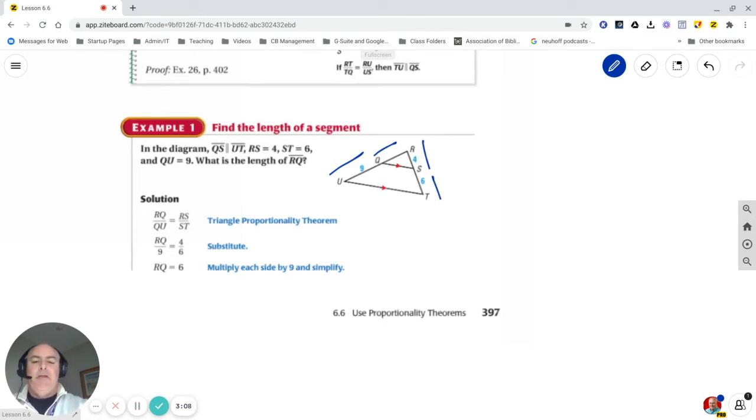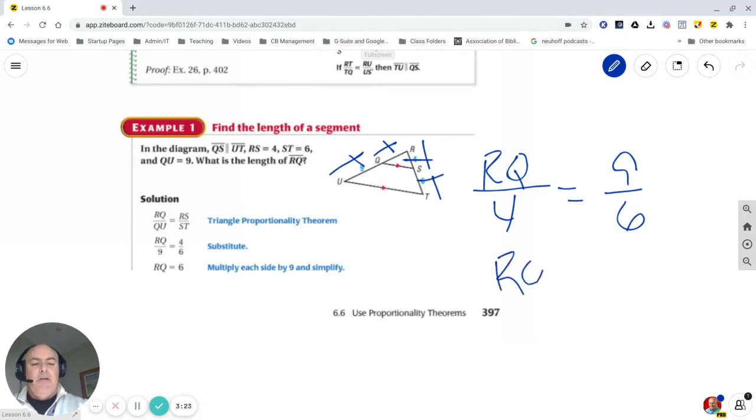Let's see if I come up with the same answer if I work across. If I say RQ over 4, so I went from here to the opposite side, equals 9 over 6, then I'm going to get RQ is going to equal 4 times 9 is 36 divided by 6, which equals 6.